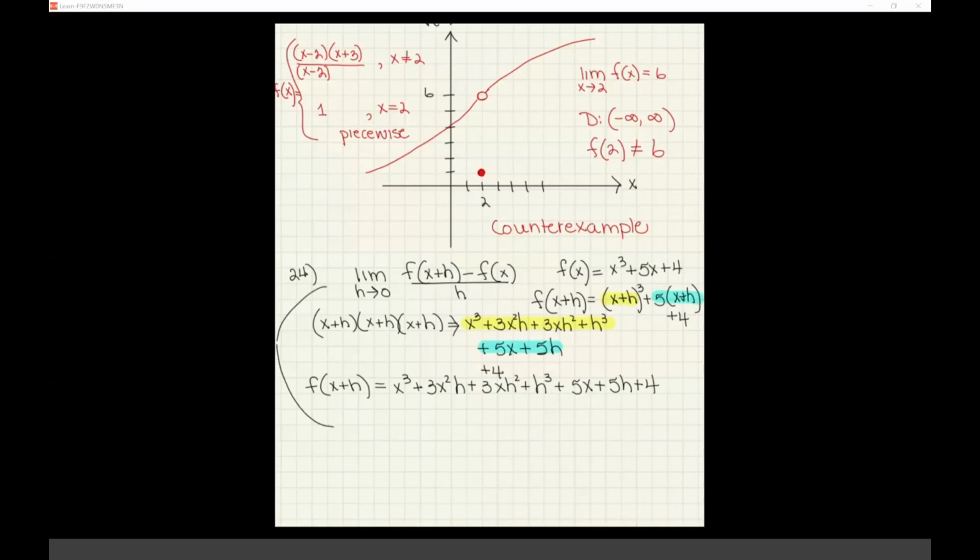Now, if I put this into my difference quotient, here's what I get. The limit as h approaches 0 of this whole bit, okay, there's the f of x plus h. Now I'm going to subtract the original function.